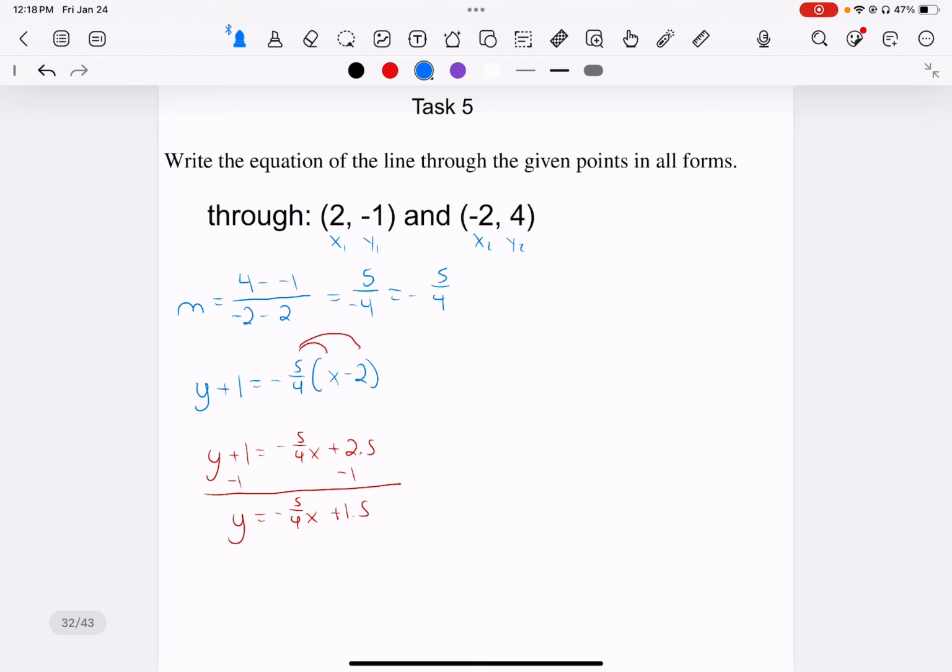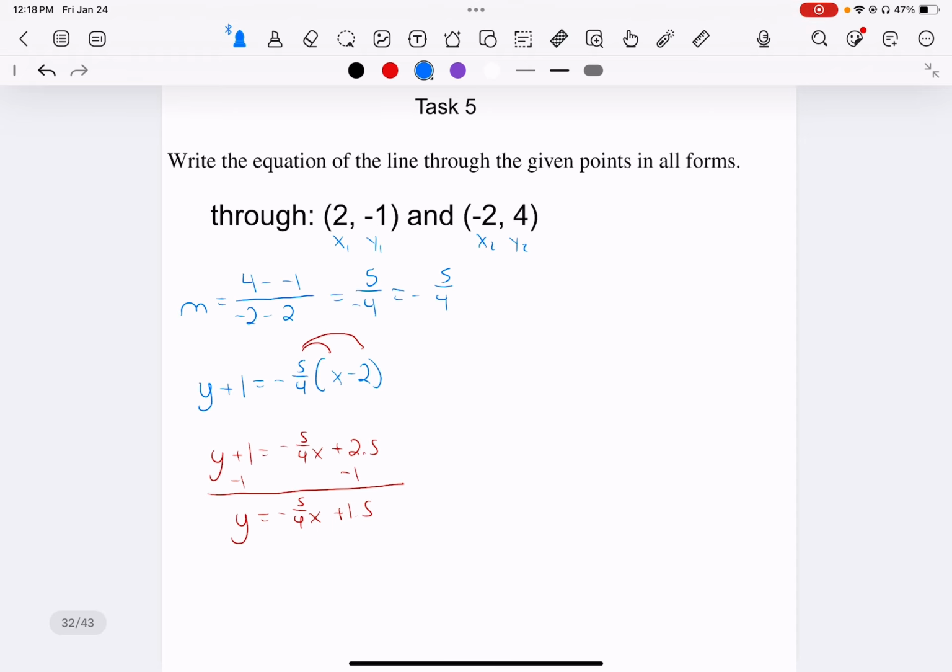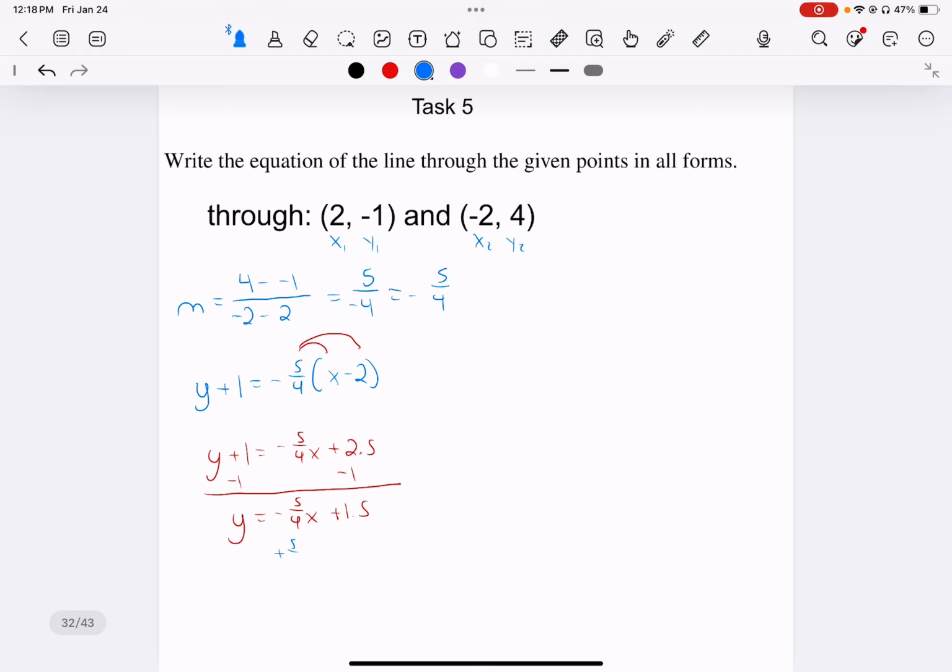And now for standard form, I'm going to get the constant by itself by adding 5 over 4x to both sides. So it gives me 5 over 4x plus y equals 1.5.